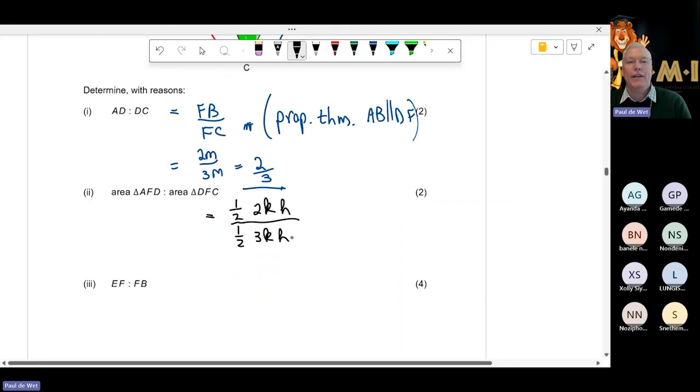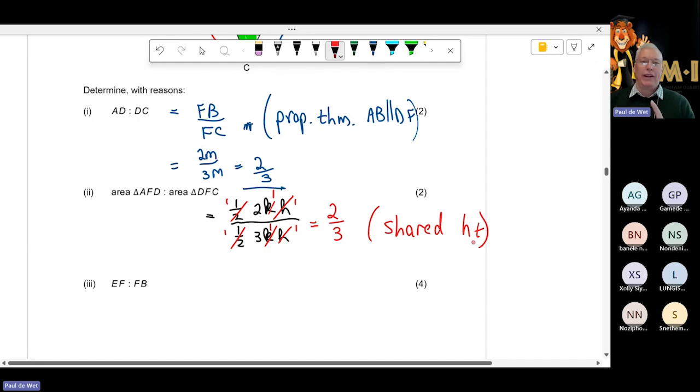Okay, and guys, I don't like the word cancel, because if you cancel, there's nothing left. Divide. Area of triangle AFD to area of triangle DFC is 2 is to 3.